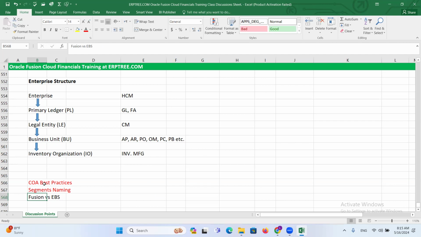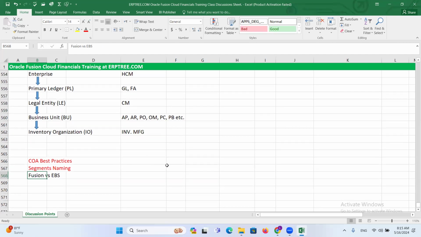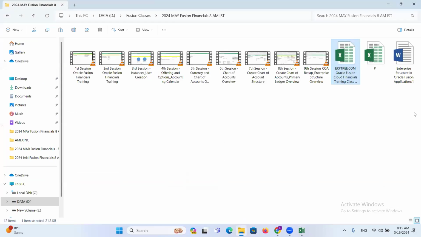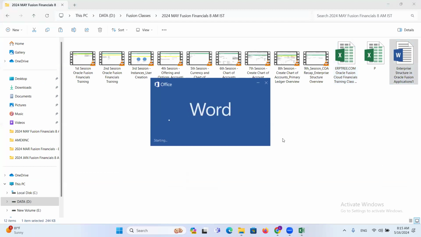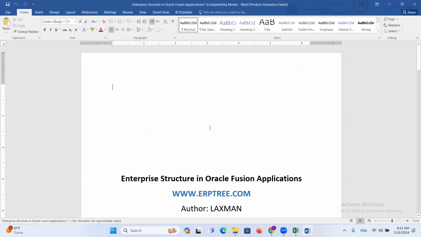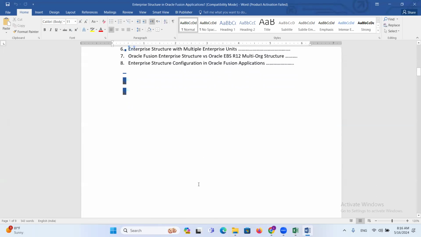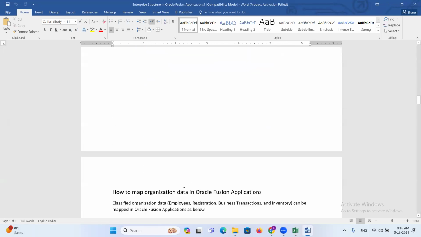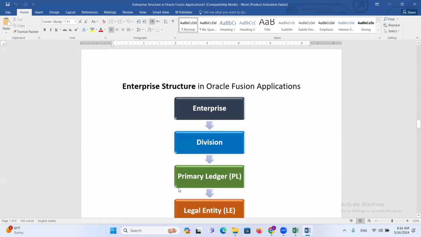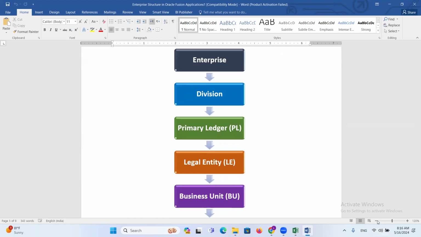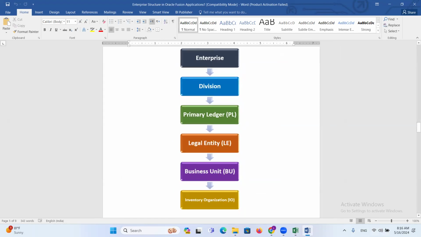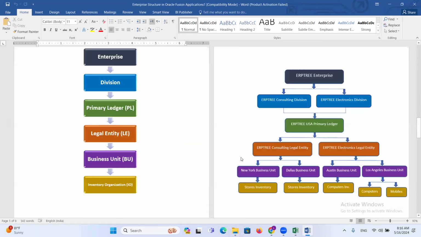Before we get into these best practices, let's look into the structure representation, how it would be based on the use case of where you are operating the business. Okay, so here you can see the enterprise structure. This is a hierarchy, which needs to be followed.